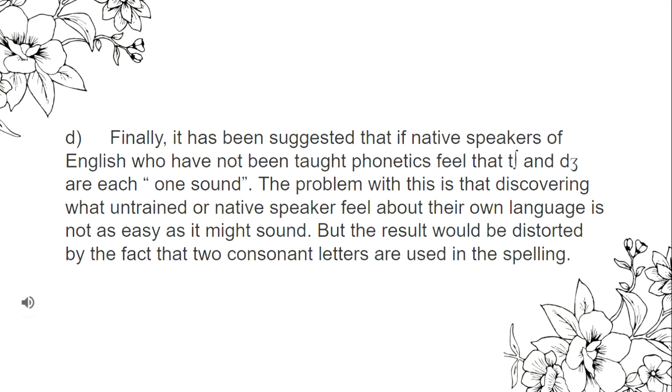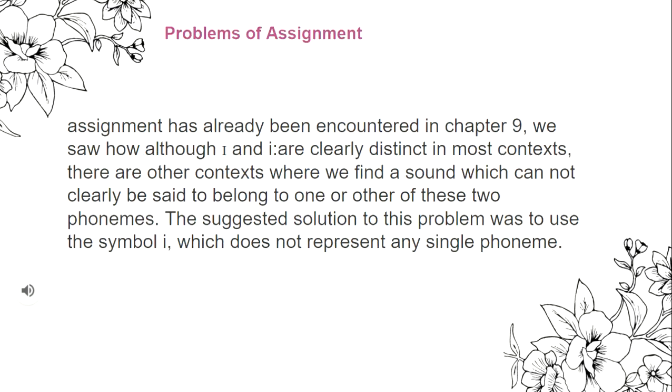And finally, it has been suggested that native speakers of English who have not been taught phonetics feel that t-esh and d-zh are each one sound. The problem with this is that discovering what untrained native speakers feel about their own language is not as easy as it might sound.